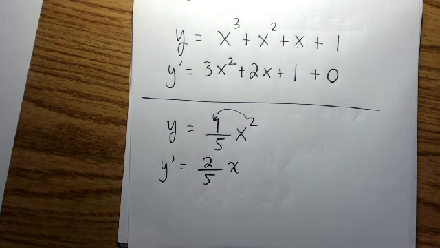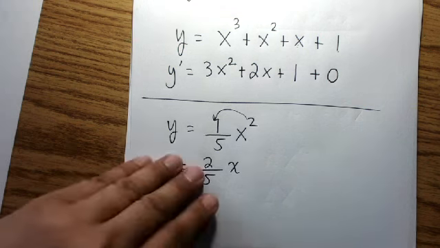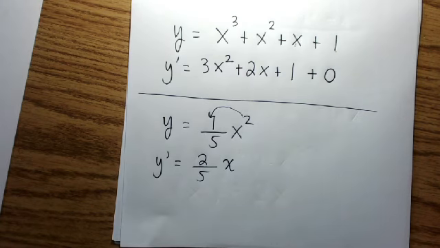Now, this is a lesson where we take into account many facets of the derivative, but in its basic form. If you look at the next rule there, it says the chain rule extension.